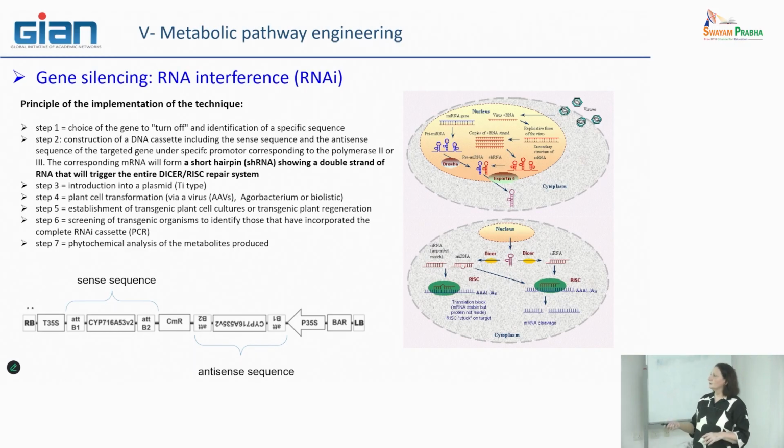So we construct a system in which we put the sense sequence encoding the protein, but we also introduce what is called the antisense sequence of the same protein, meaning that the mRNA that could be produced from this construction could have the two sequences that are complementary.